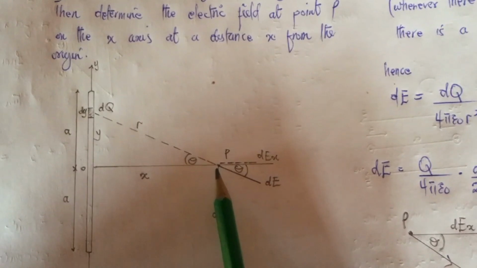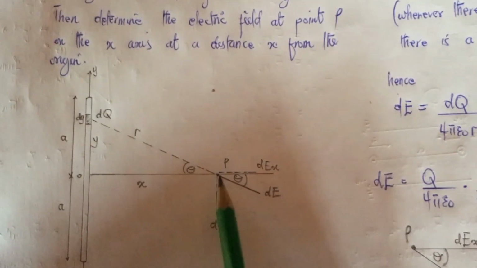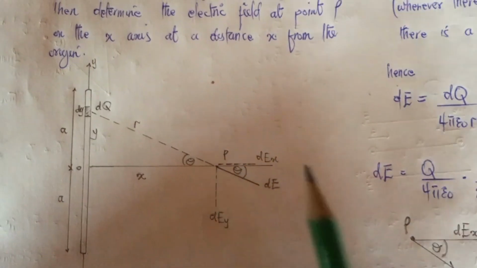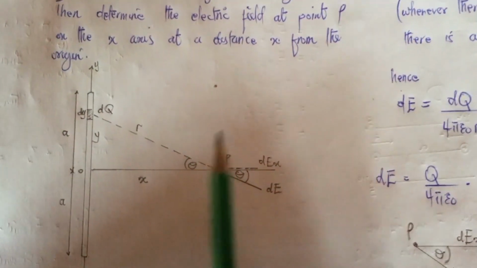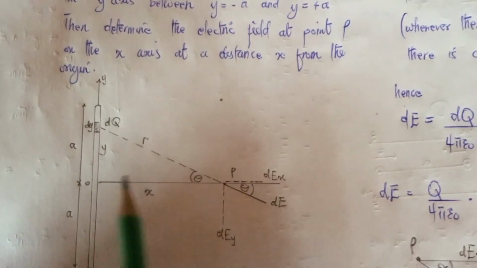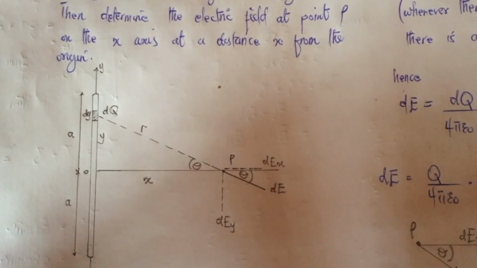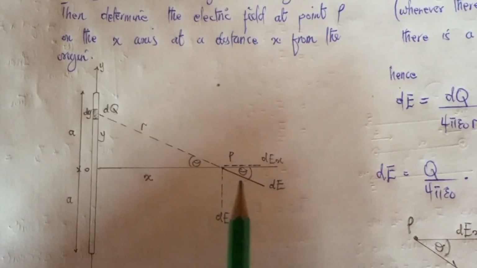This point charge is usually positive, so it is going to repel it, according to the laws of charges, where like charges repel. So it is going to repel it in this direction.